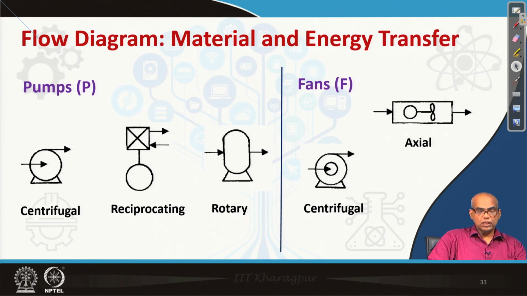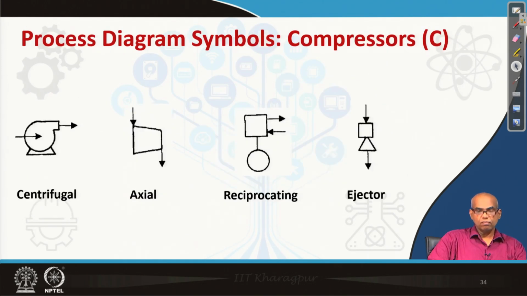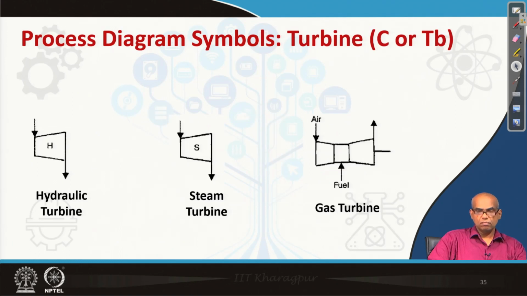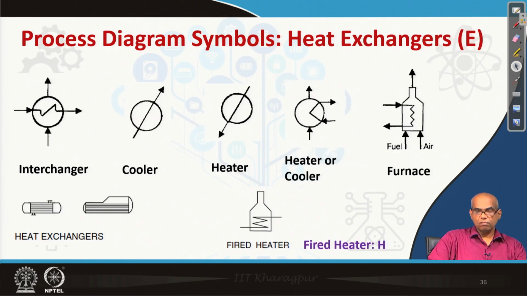Several pumps such as centrifugal pump, reciprocating pump, rotary pump. Fans such as axial fans, centrifugal fans. Several compressors: centrifugal, axial, reciprocating, ejector. Several turbines: hydraulic turbine, steam turbine, gas turbine. Heat exchangers, fired heaters. Heat exchangers are represented by E, fired heaters are represented by H. Try to remember these symbols.